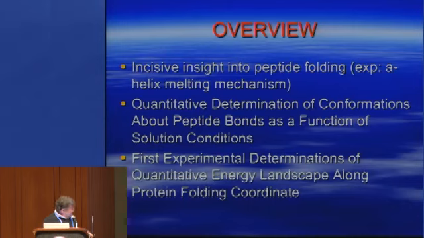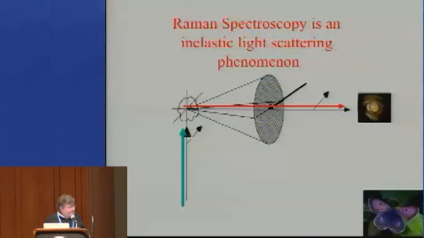And what I'm going to tell you about is some of the first experimental determinations of the Gibbs free energy landscape along an important folding coordinate. And this is the first example of the experimental determination of a free energy landscape. And this has now constrained what the calculation people can imagine.